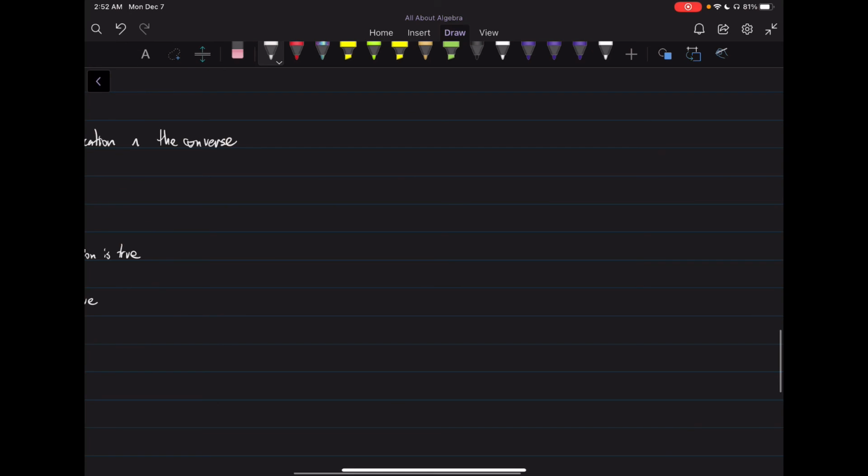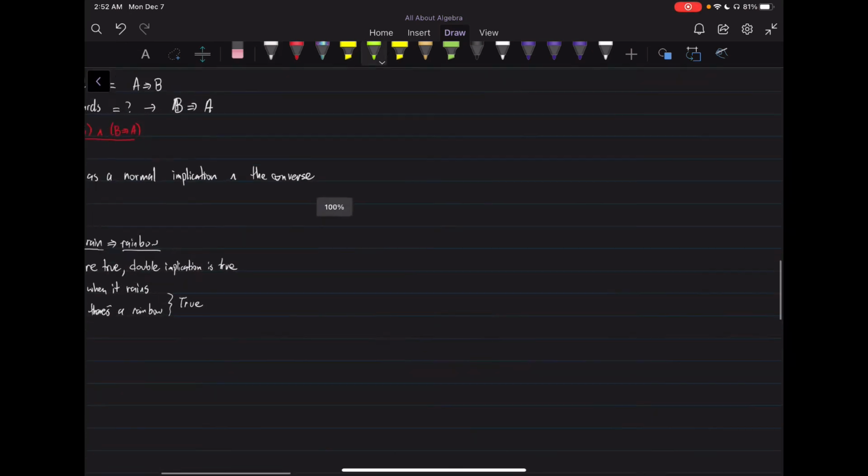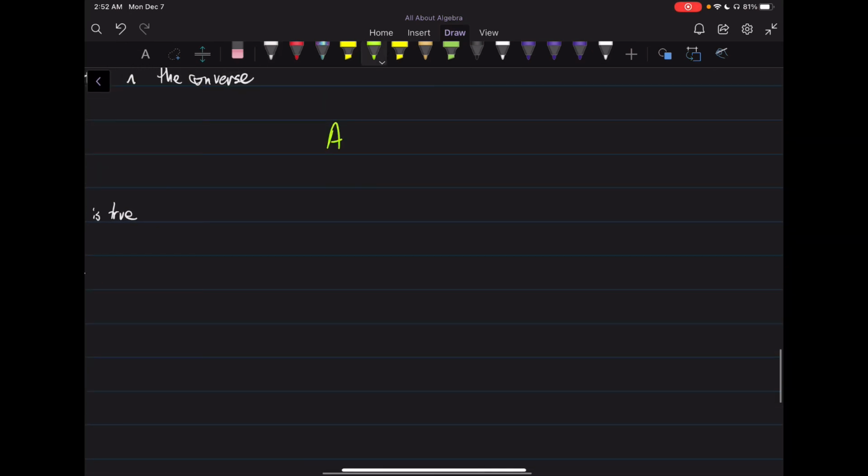Okay, so now let's take a look at a truth table for this.